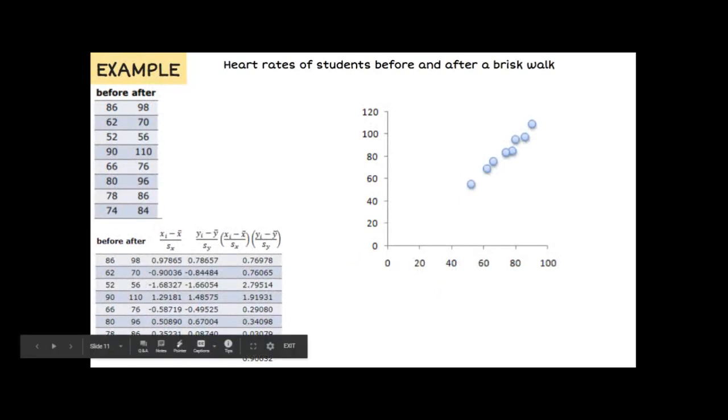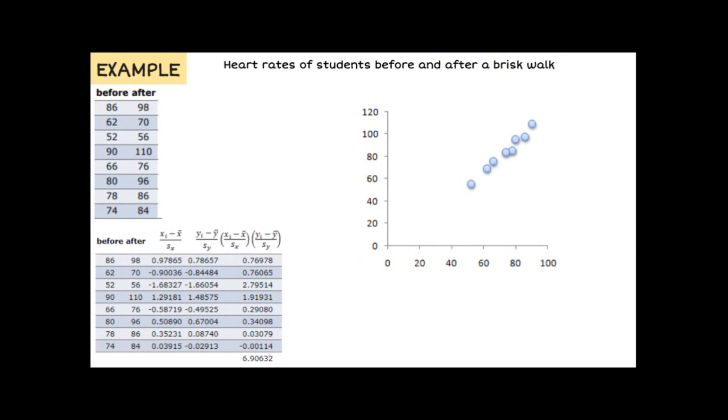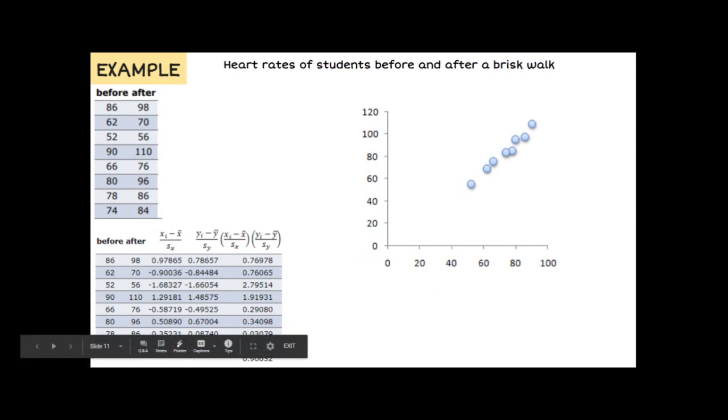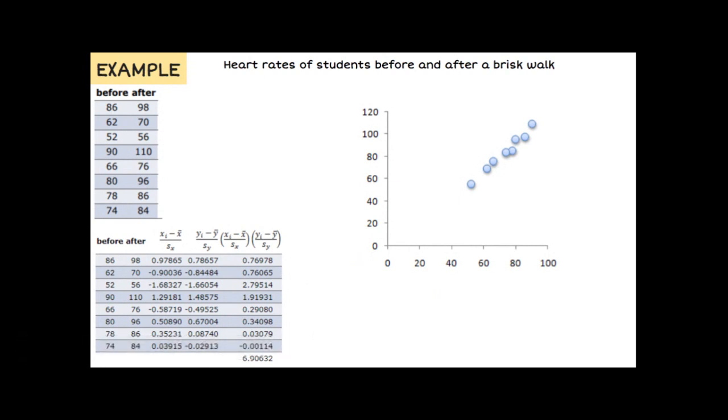So 0.99 is very close to 1. Also, when we look at our graph, we can see that it's very strong. The relationship is very high.